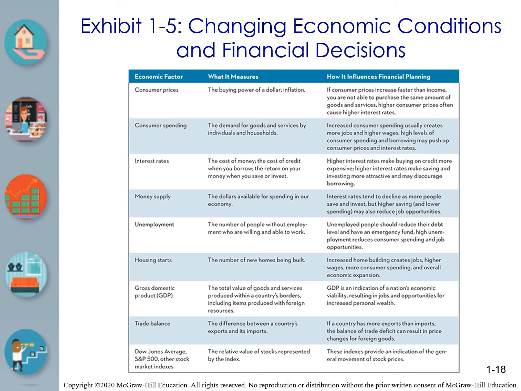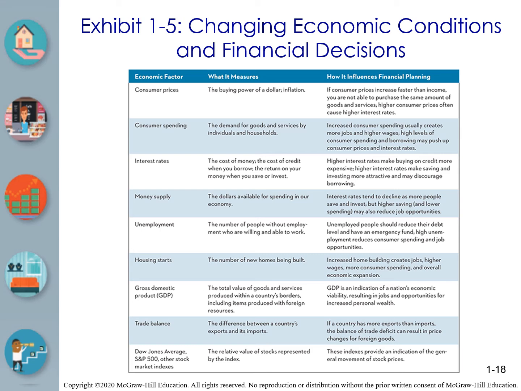Changing economic conditions and financial decisions: consumer prices, consumer spending, interest rates and money supply, unemployment, housing starts, GDP. GDP is gross domestic product, how fast the economy itself is growing. The trade balance is the difference between the country's exports and imports.